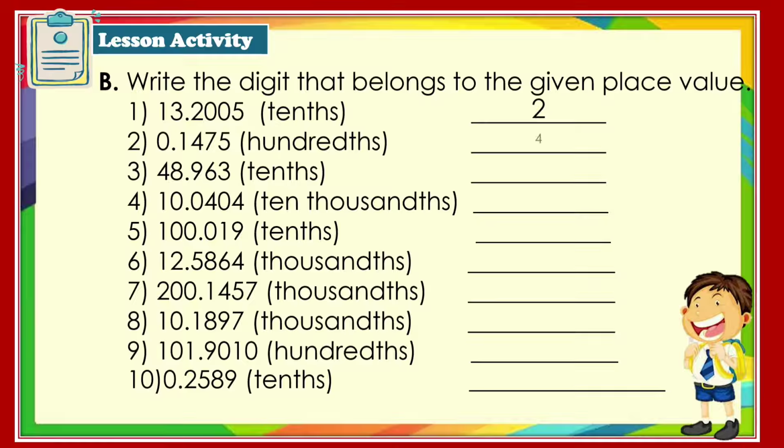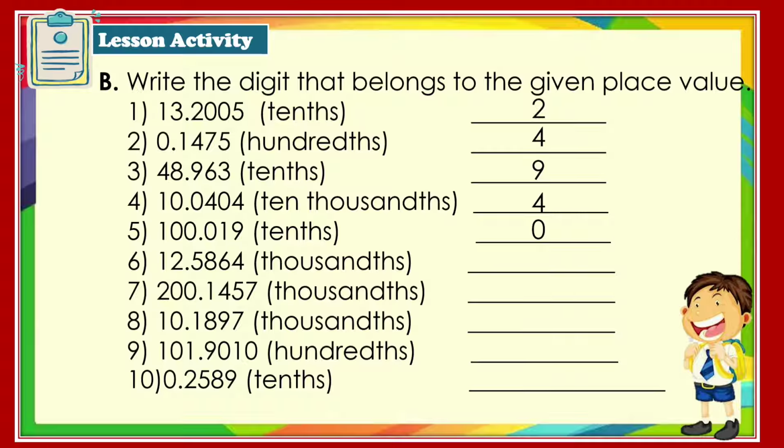Hundreds. We have 4. Number 3. What is the digit in the tens place? Tens is 9. What about the 10,000s place in number 4? We have 4. Number 5. The tenths place is 0.